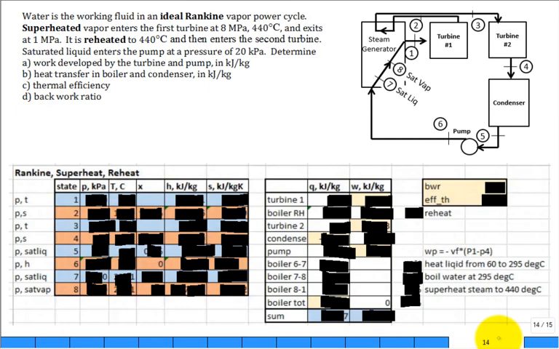So for this problem, I've given you the schematic. I've added extra states 7 and 8 to help us analyze this problem. And so what I'd like to do in the time remaining is to start uncovering parts of the table. And let's see how you do with the pressures.